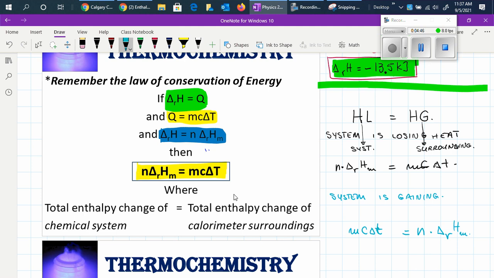Depending on the case, here we will have the surroundings and here the system. When I say system, it is the chemical system, whatever is happening in the reaction. Okay, so this is the logic that stands behind the calorimeter.